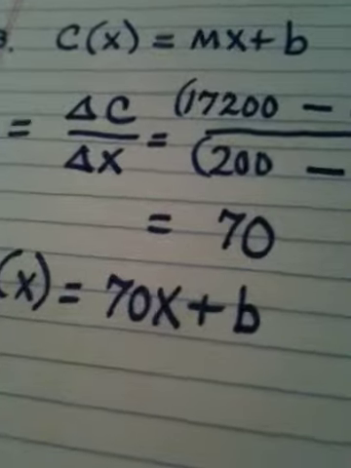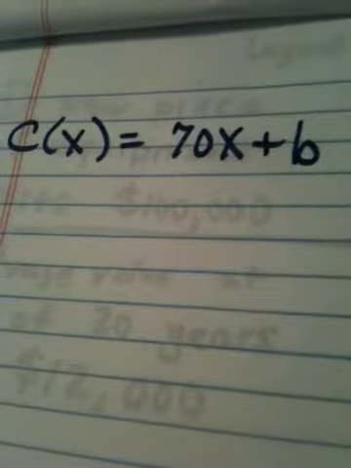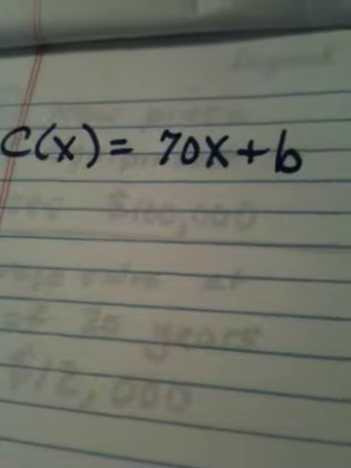Okay? Let's put that on the next page. C of x equals 70x plus b. Now, I take one of the ordered pairs that I had from before.